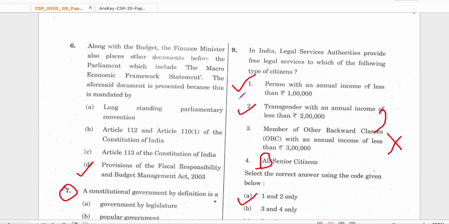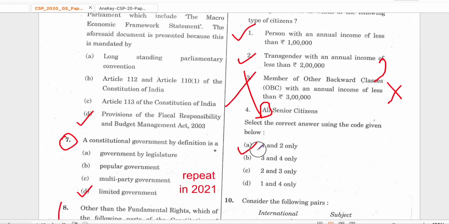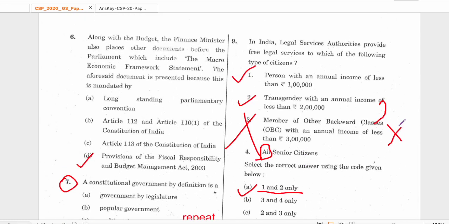Such a blanket thing cannot be provided, or to someone who is a businessman. So this also does not seem logical. When policy making is done, they take care of whom to target and whom not to target. So the answer was 1 and 2 only. And this is a fine logic. Policies are framed, so such kinds of thinking is always done.